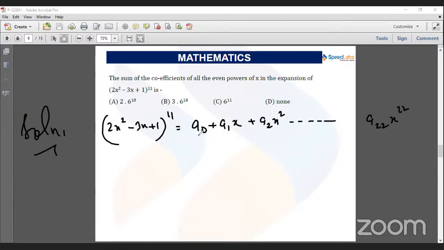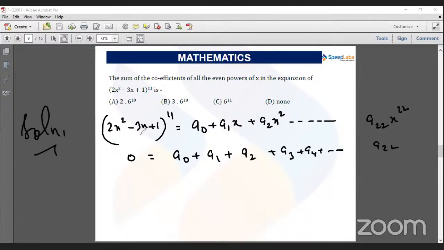So if we put x as 1, we'll get 2 minus 3 plus 1, which is 0. So 0 is a0 plus a1 plus a2 plus a3 plus a4 up to a22.